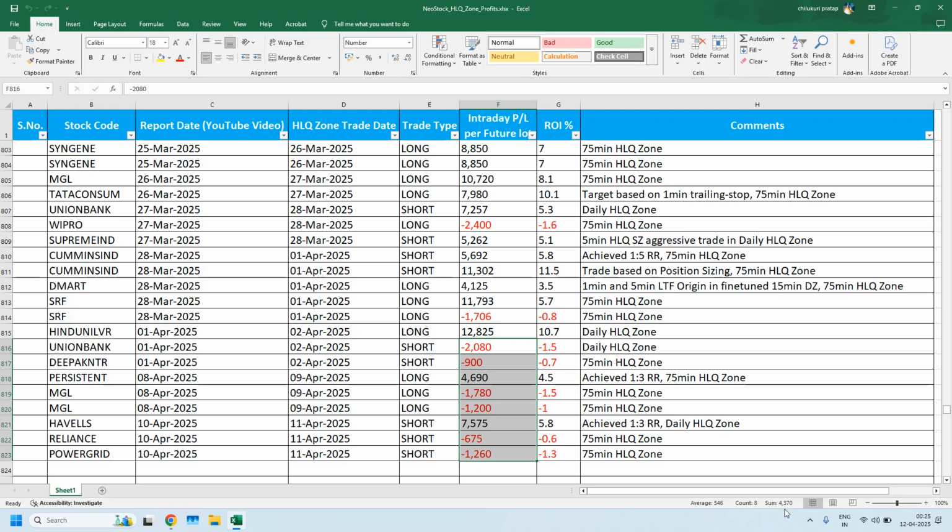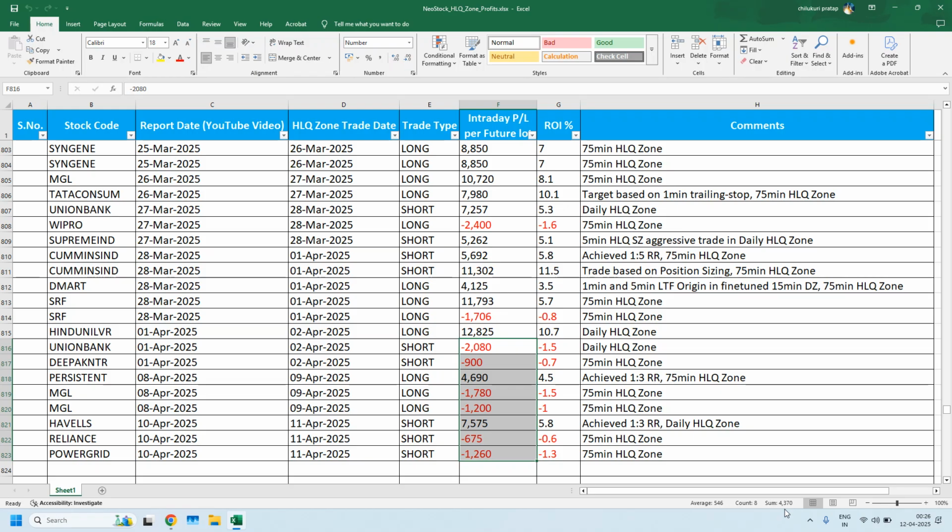Why am I saying this? For prices to reach the 15 minutes target, a lot of patience is required from you, because prices won't move in a straight line to the 15 minutes target. A lot of swings will be there. At that time you should properly calculate your trailing stop loss. Without a trailing stop loss, expecting trades to reach the 15 minutes target may not be successful every time.